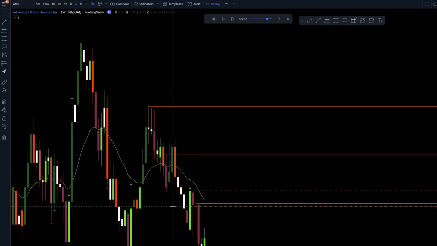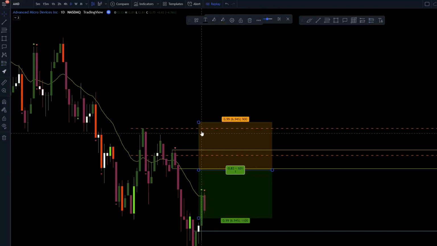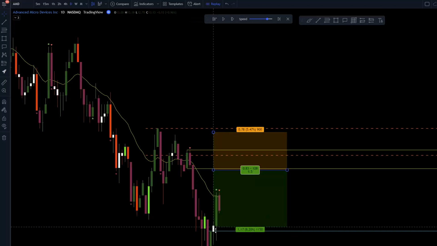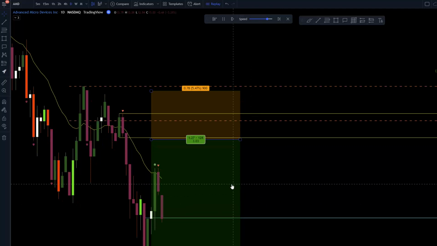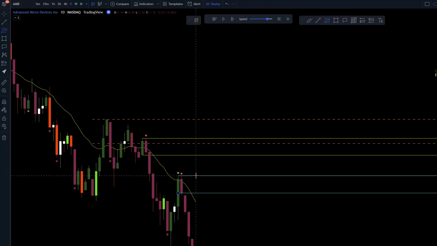Let's play a few things. So let's try this short. We'll keep some wider stop loss just to see if we can get 1:3. Okay, we don't have that on price.